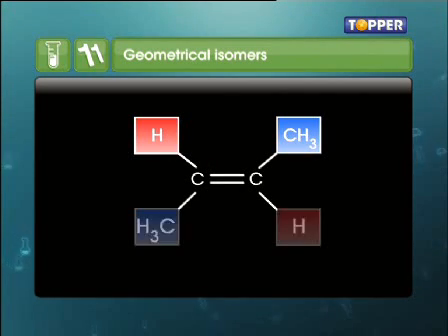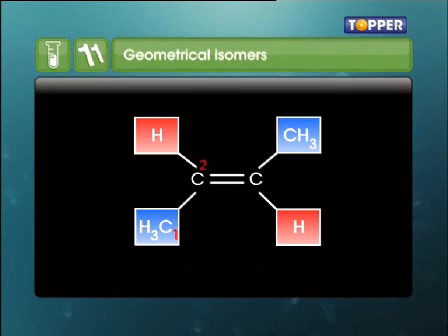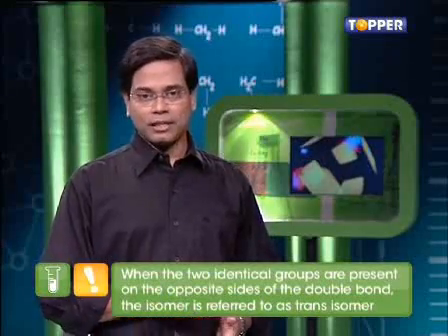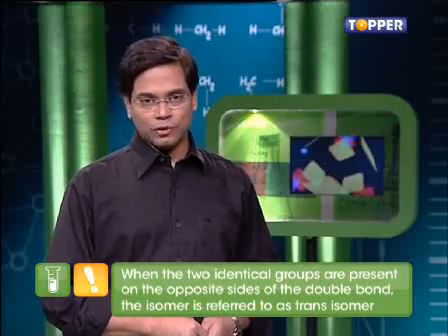Such a structure is referred to as trans-but-2-ene. So in general, when two identical groups are present on the opposite sides of the double bond, the isomer is referred to as trans isomer. Geometrical isomerism is also called as cis-trans isomerism.